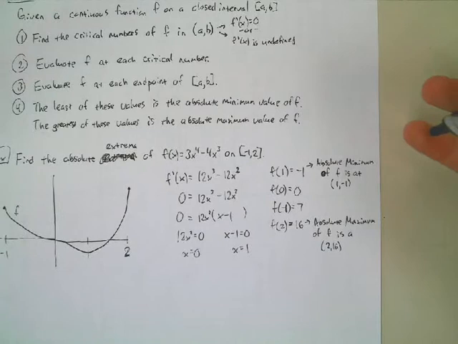So on a test when it's asking for the absolute values, do you want it in like interval notation, like 2, 16, or just x equals 2? It's a coordinate.